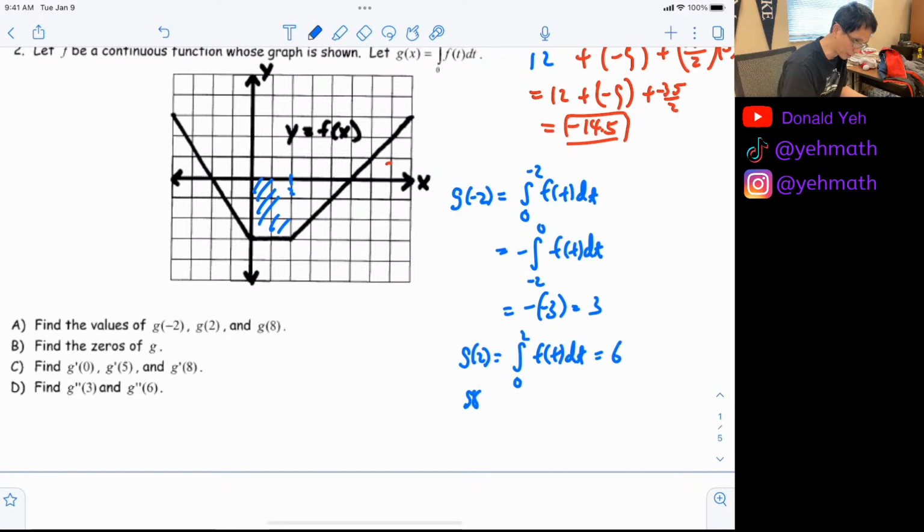What about g of 8? Well, g of 8 is equal to this part and this part offset each other, right? One is negative, one is positive.